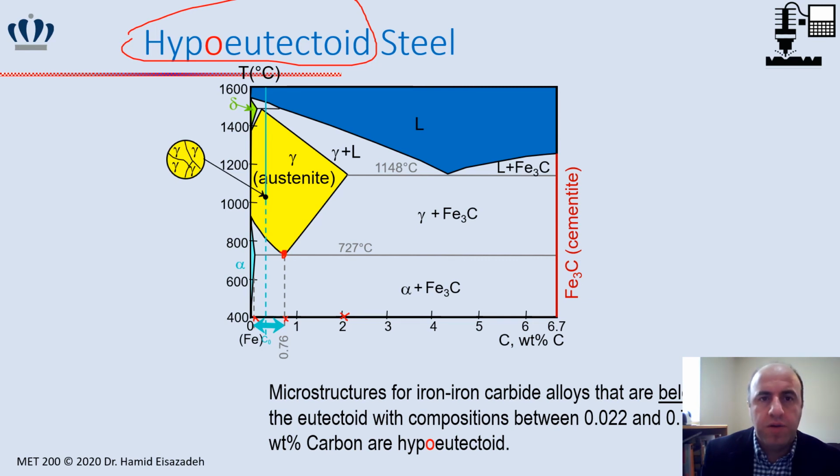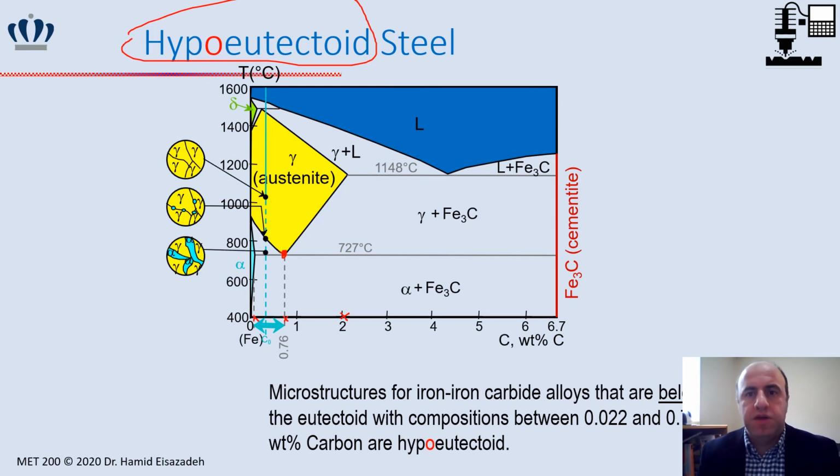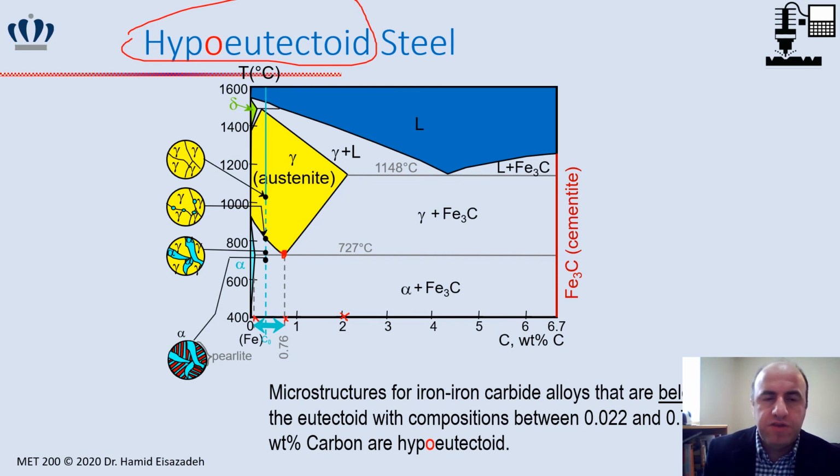When gamma again transforms to alpha and cementite, we have a different arrangement. We start getting some of this alpha forming at this point. In this region, we have alpha plus gamma.